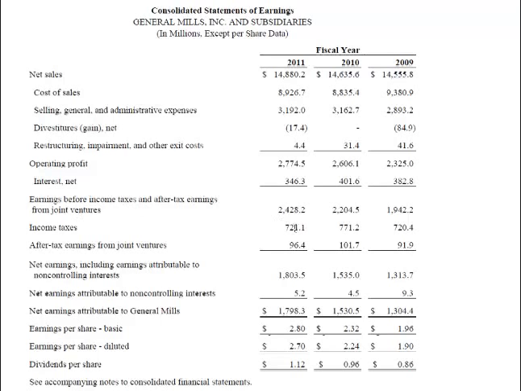But here's the income taxes, so then they would also have these joint ventures, which would be in the math. And get down to net earnings attributable to the full firm, but they back a little bit of the earnings out because they have a minority owner that gets those earnings. So the net income that General Mills gets to keep is this 1798.